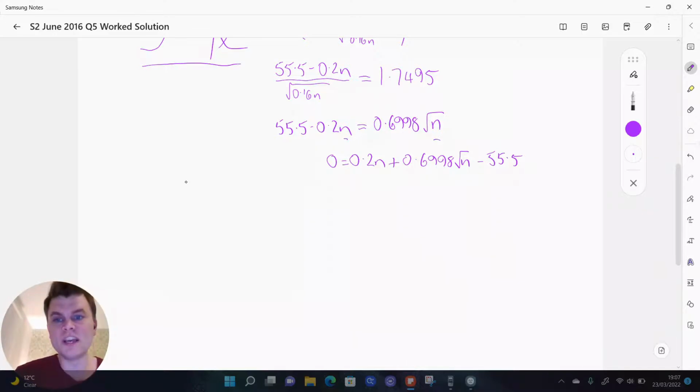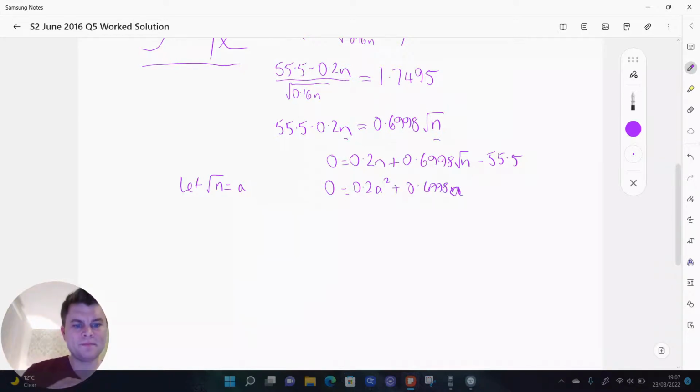What we can do is let root n equal a, and then rewrite it as a quadratic. So then we get 0.2a squared plus 0.6998a subtract 55.5. So there we have a quadratic equation to solve.